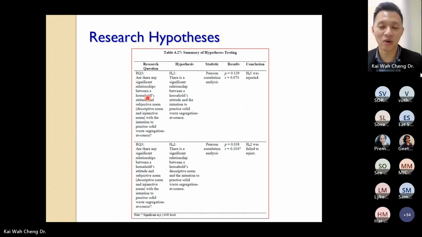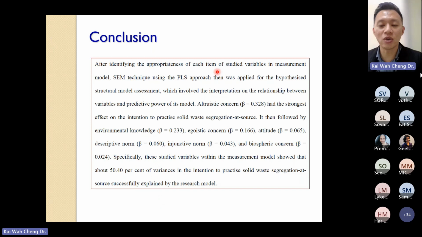This is very important in a Master of Science or PhD dissertation, and this is the way you conclude your research output. You need to have some write-up to conclude your research findings.